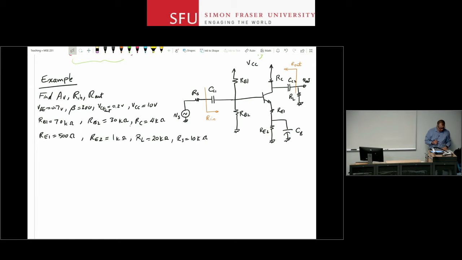So we need to solve the circuit first. What you need to do is to go and do the DC analysis. So for DC analysis, I draw the DC circuit only. I have RB1 and RB2 here.